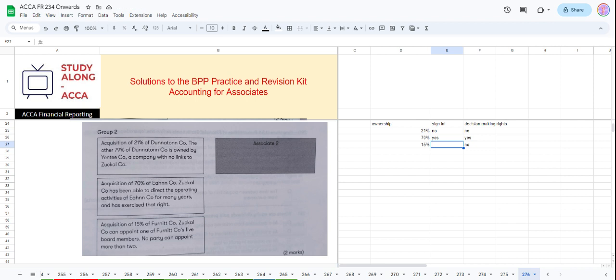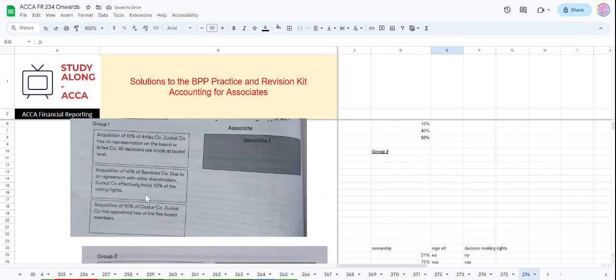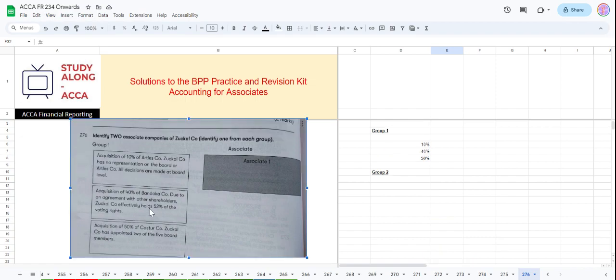So it has a significant influence because it can participate in the decision making process, because they have the capacity to appoint two directors, but because it is less than 50%, they do not have the decision making rights 100%. So this will be the associate. So the 15% here in group 2 and this 50% in group 1 will be the answer.